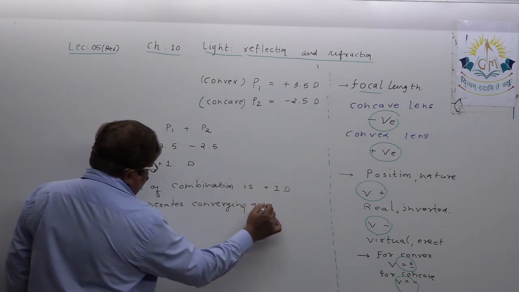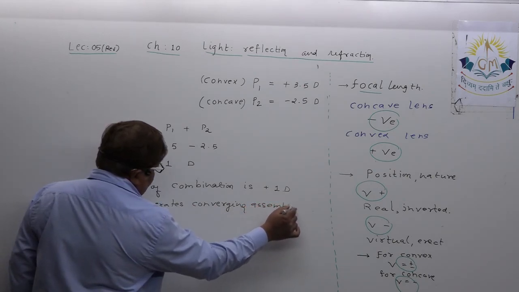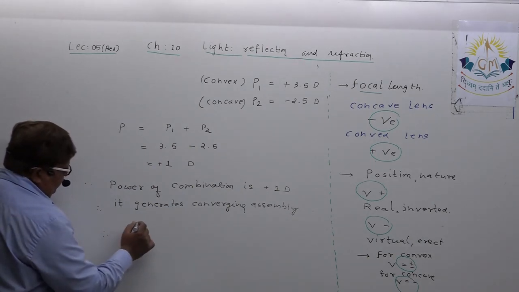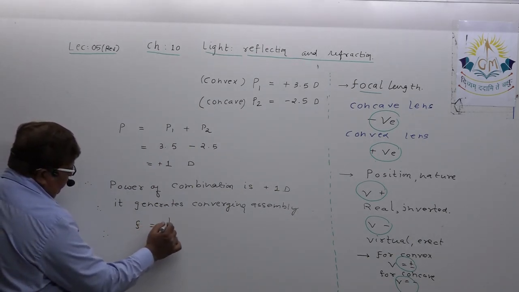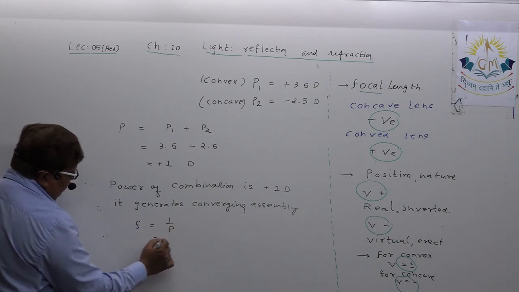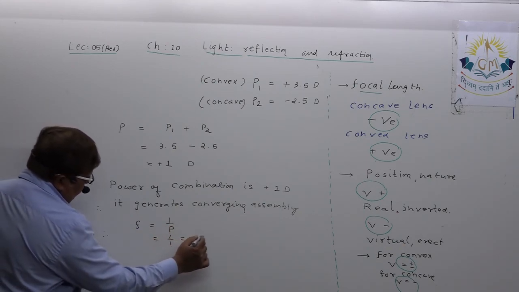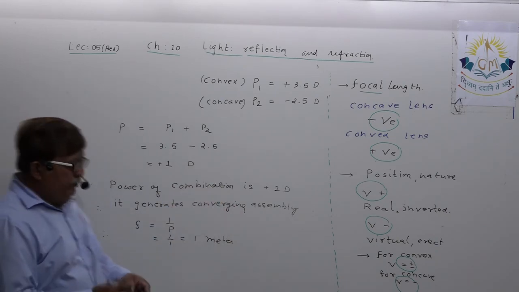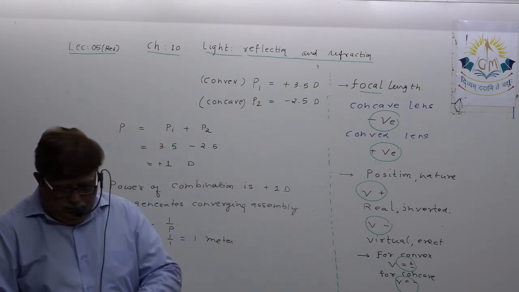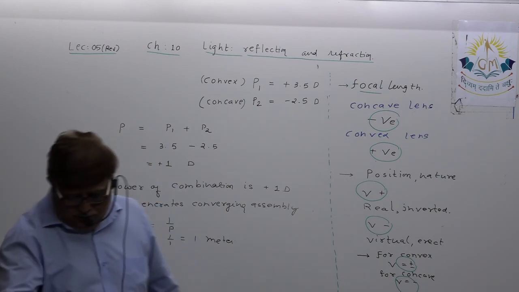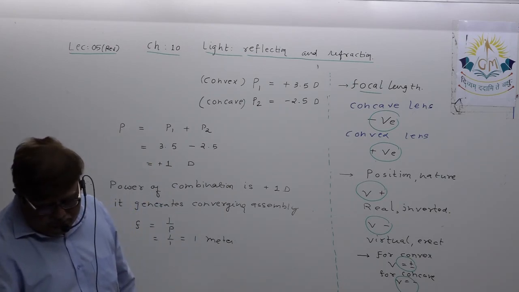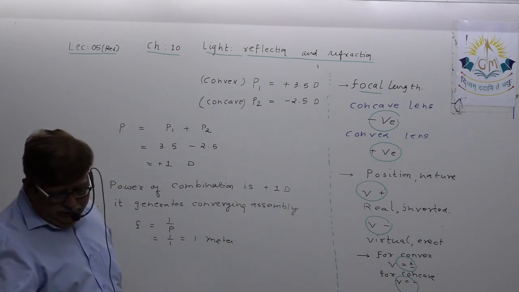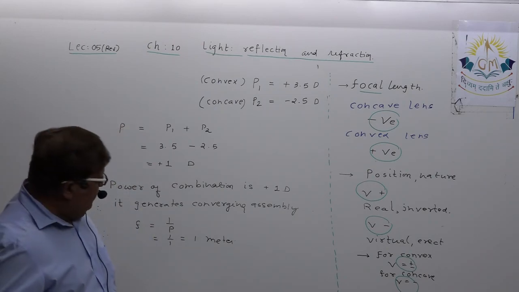Because the power ultimately turns out to be positive. If we want to find the focal length of this assembly, 1 upon P, 1 upon 1, it is going to be 1 meter. This way, the rest of the numericals mentioned here, numbers 24, 25, 26, 27, you can solve by yourself.